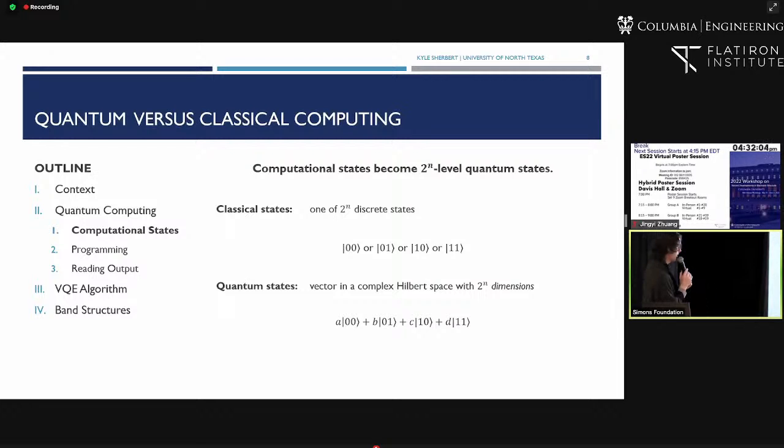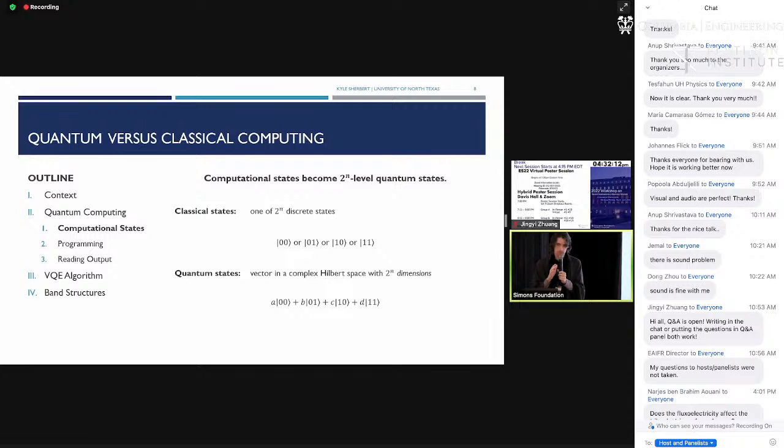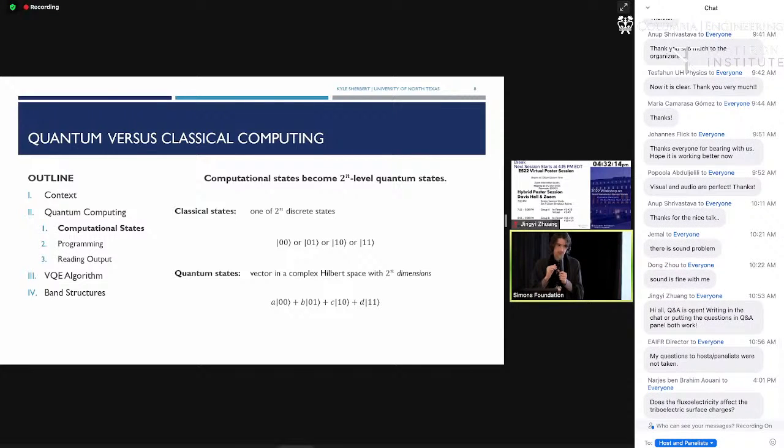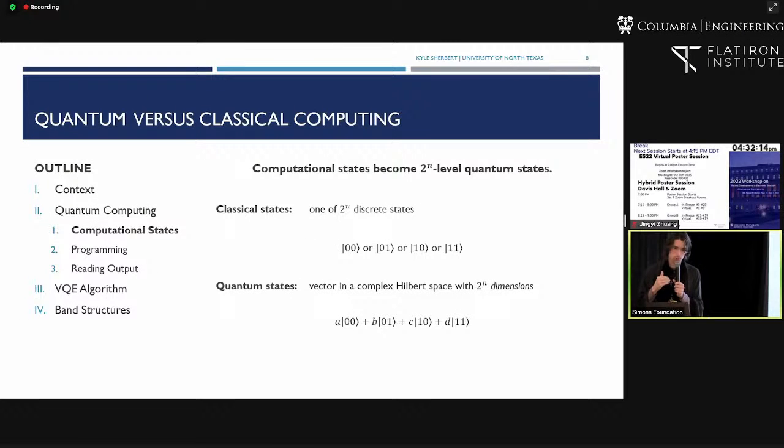So in the meantime, first of all, what's the first thing that you think of when you think of quantum versus classical? Well, some people say that quantum computers are so powerful because as you add each qubit, the number of states that you can explore expands exponentially.